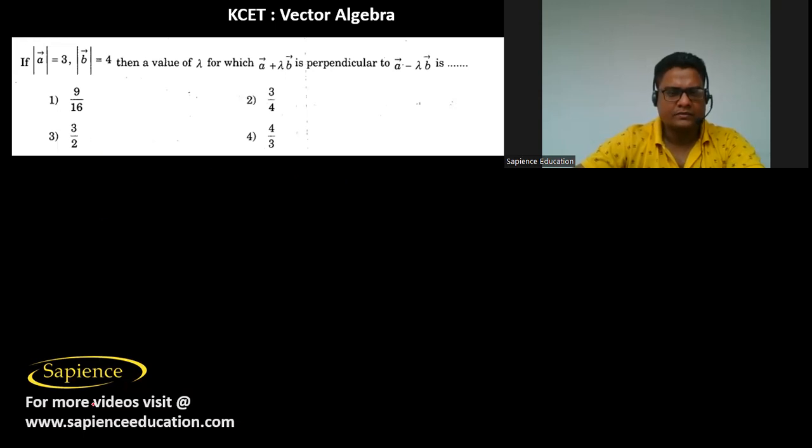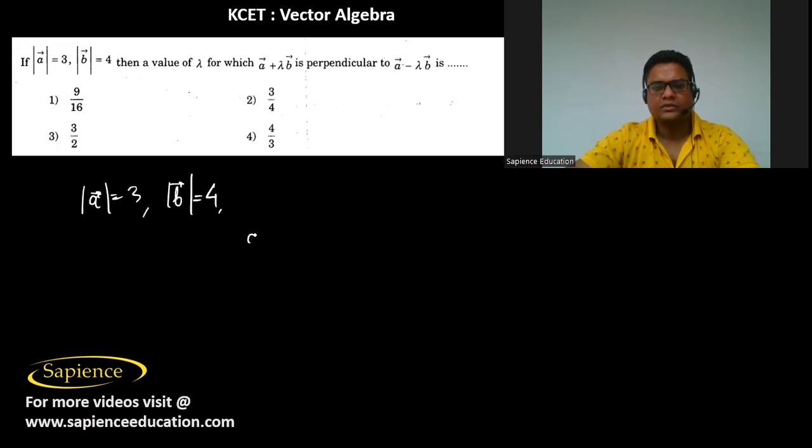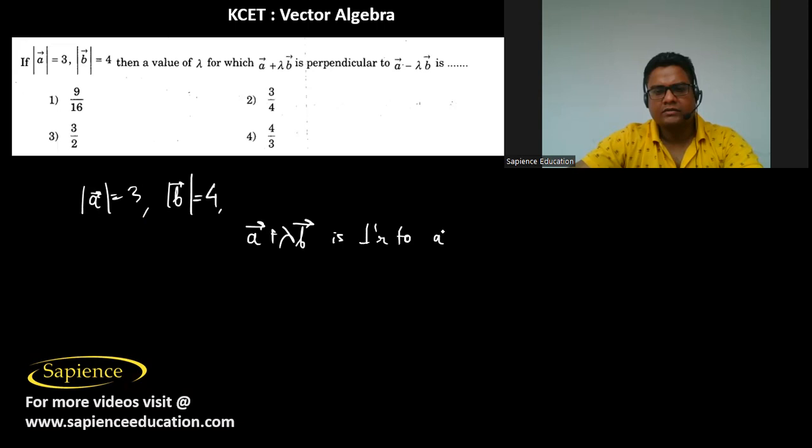So here we shall solve from the very first question onwards. In the first question, it is told that if the magnitude of vector A is 3 and the magnitude of vector B is 4, then find the value of lambda for which A vector plus lambda B vector is perpendicular to the A vector minus lambda B vector.